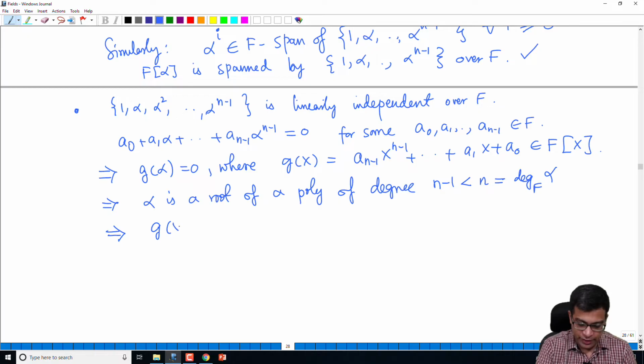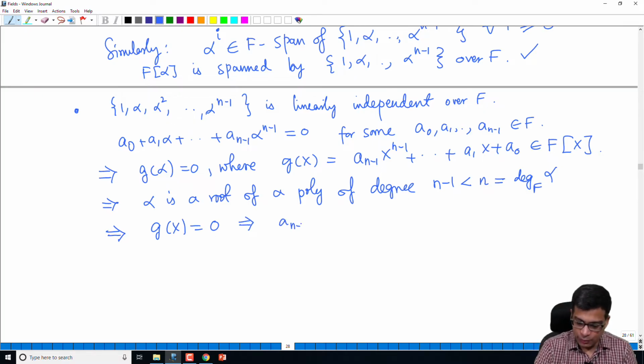That means g of x is 0. Because by definition, n is the smallest degree of a non-zero polynomial that has alpha as a root. g is apparently a polynomial of degree n minus 1 which has alpha as a root, but that violates the minimality of n. So the only solution is that g is 0.